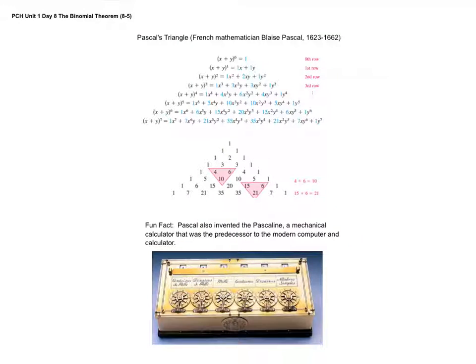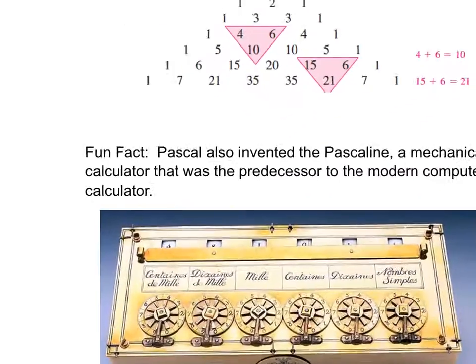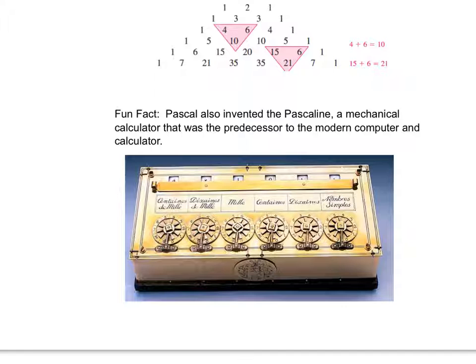Alright, let's look at Pascal's triangle. This is really a cool thing. Pascal was a mathematician. This is one of the earliest calculators he invented, called the Pascaline. It was mechanical. It used gears and things.